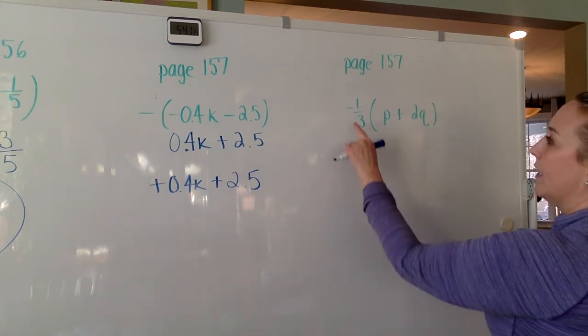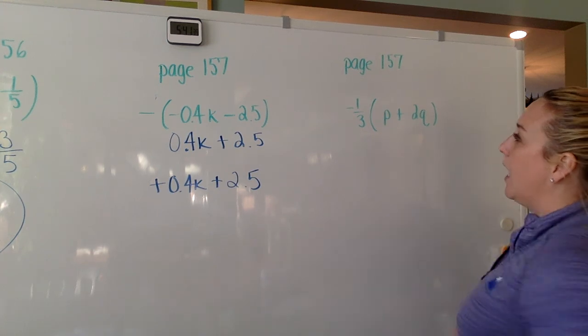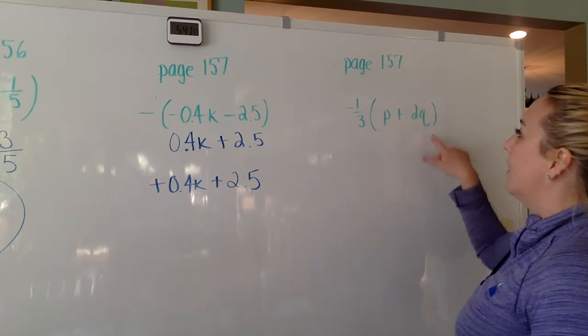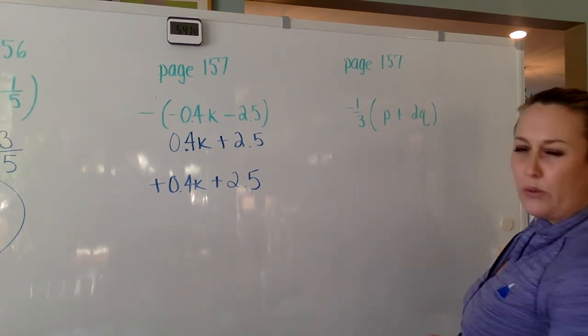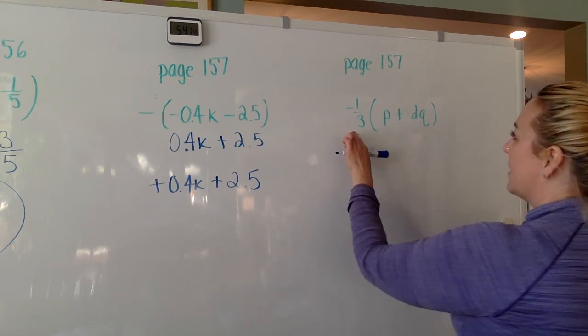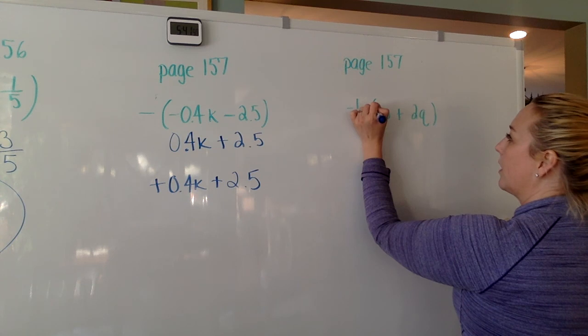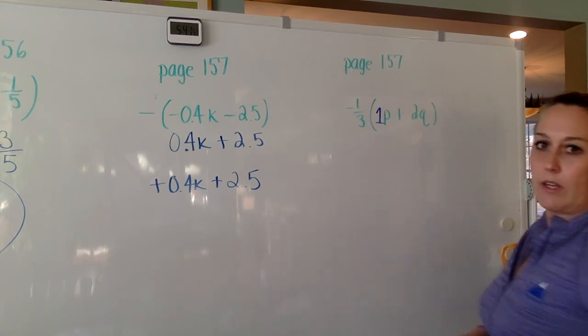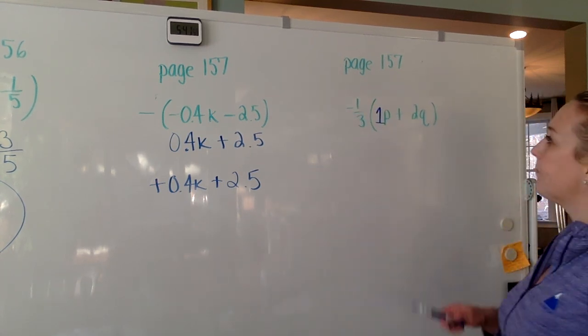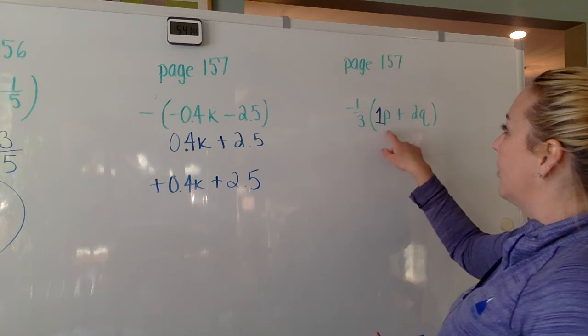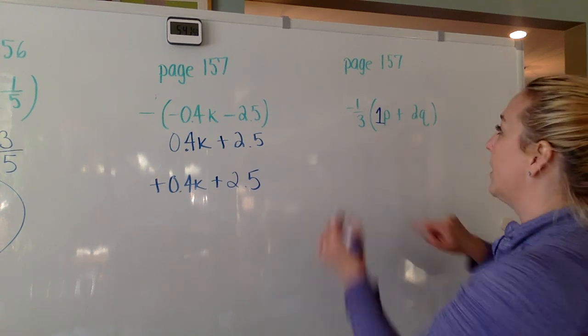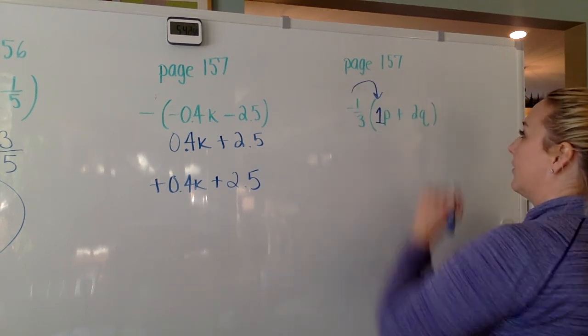So negative 1/3 times P plus 2Q. All right, so this is like saying negative 1/3 times, and like we've talked about before, this would be just like having the coefficient 1 there. So negative 1/3 times positive 1P. So we're going to distribute this to the first term.